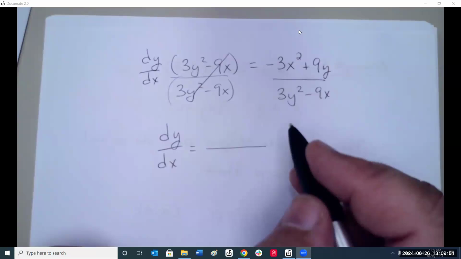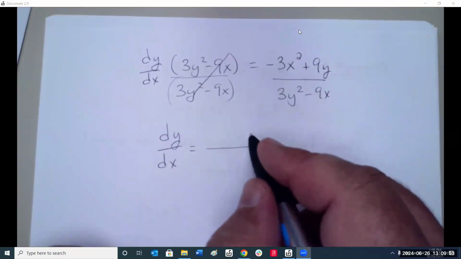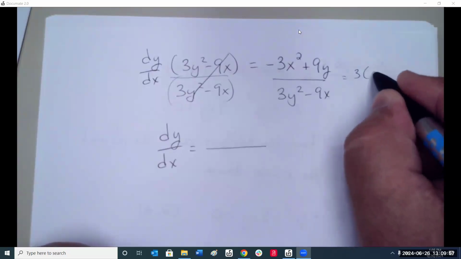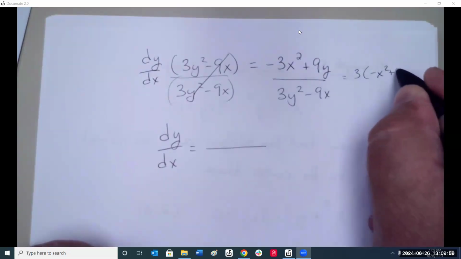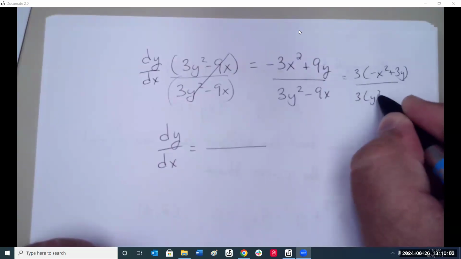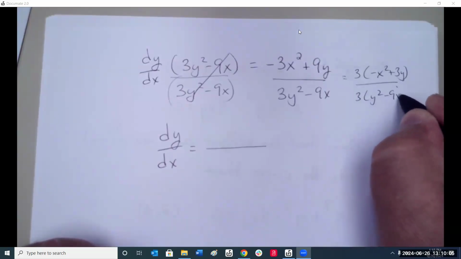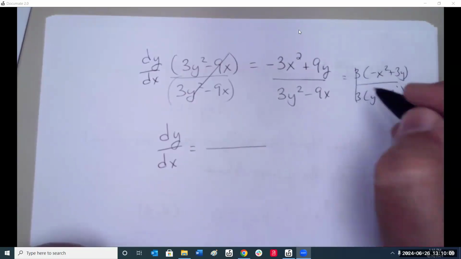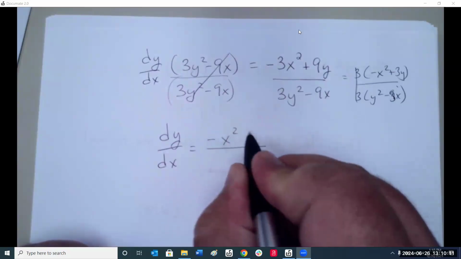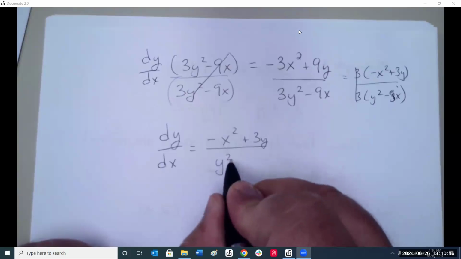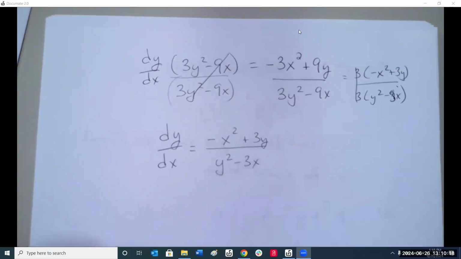We can factor out a 3 out of both of them. Threes cancel, so we have negative x squared plus 3y over y squared minus 3x.